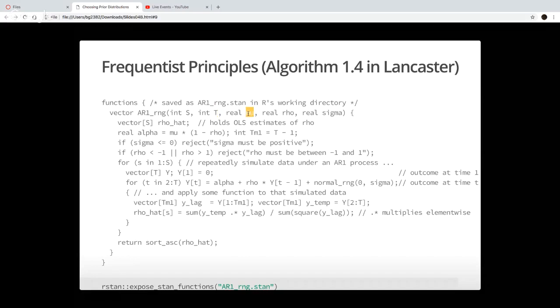It takes mu, my unconditional expectation for the outcome, rho, the true value of the autoregressive coefficient, and sigma, the standard deviation of the errors in my time series process.